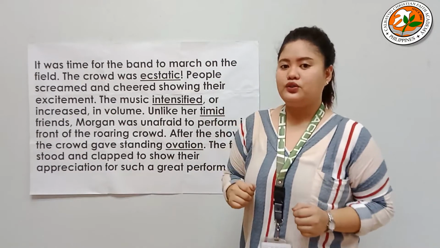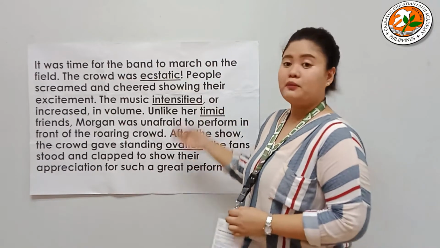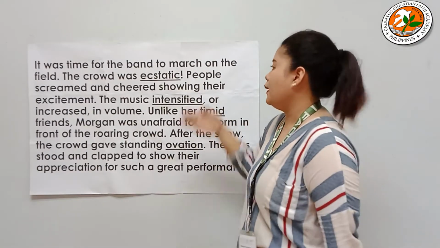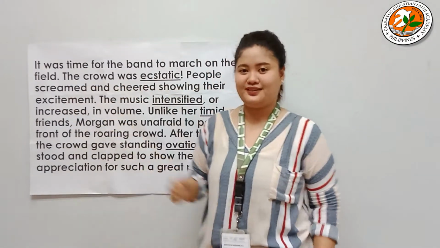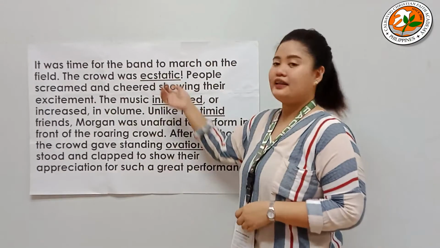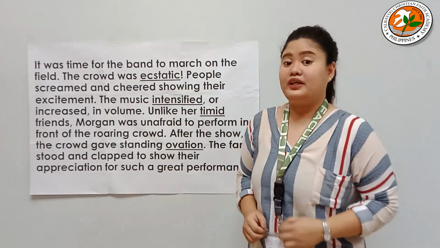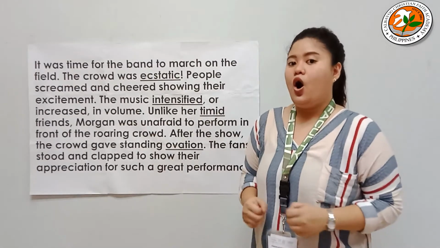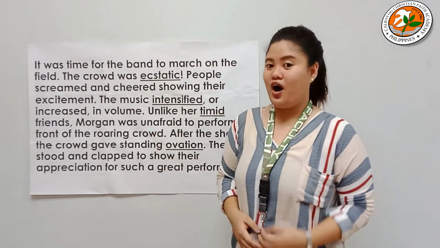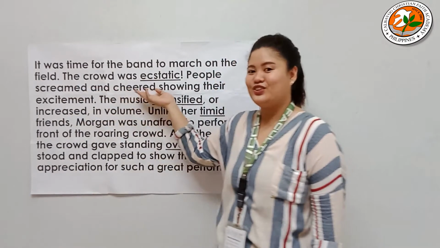To get the clues, we need to read the remaining words in the sentence. People screamed and cheered, showing their excitement. We can say that ecstatic means excited because we are given examples of feeling excited, which are screamed and cheered.